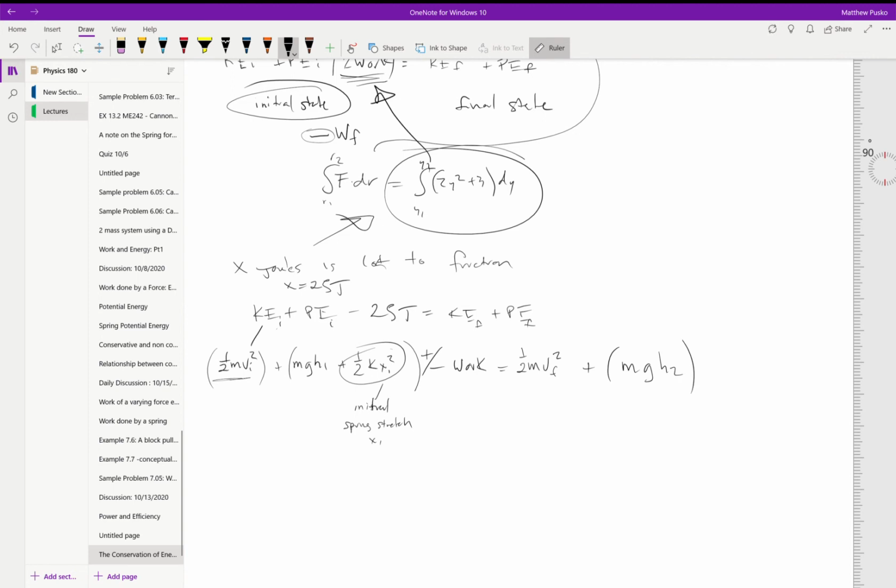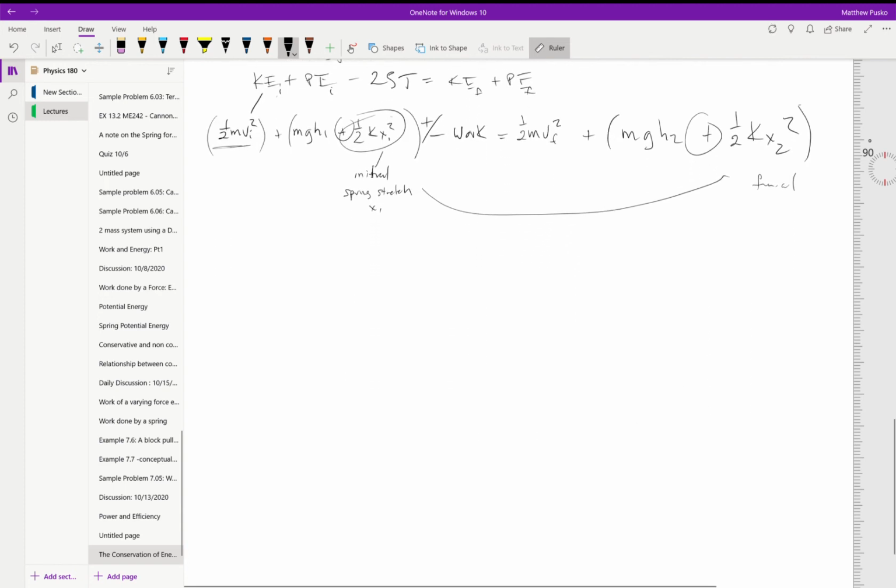And then we could also have some spring stretch in its final state, and so just put a 1/2 k x2 squared. These are both positive numbers. You don't have to think about which direction the work is being done by the spring. You just put in the potential and put in how much it's stretched in its initial, and then how much it's stretched in its final state.